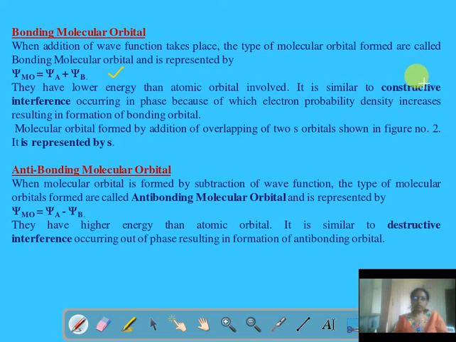This is a constructive interference, which I have told you earlier, and the probability density increases due to formation of this bonding orbital. For the antibonding orbital, it is the opposite. When the combination is out of phase, that is psi A minus psi B, then the antibonding orbital is formed, and this is a destructive interference. So now you have understood how bonding and antibonding molecular orbitals are formed.